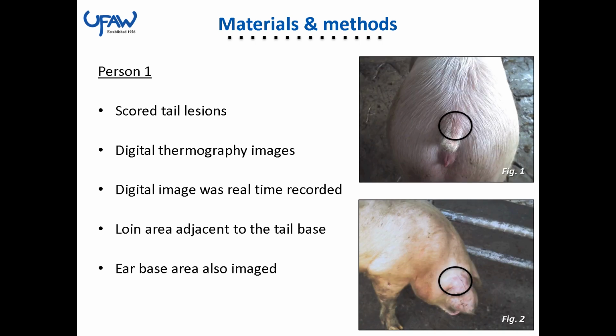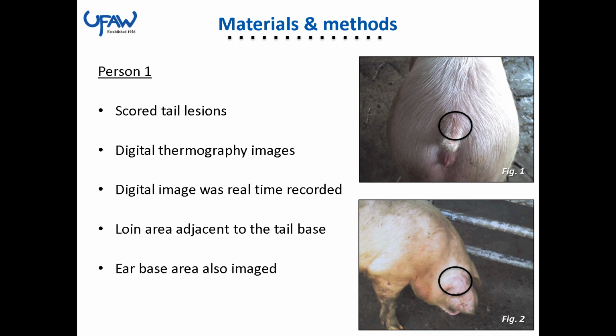The study was carried out by 2 trained people. One person scored the tail lesions and subsequently took a digital thermographic image. Also, a digital image was real-time automatically recorded to each thermal image. This person took two images from all pigs.